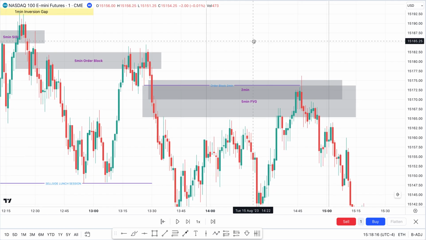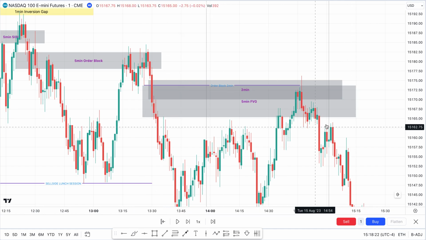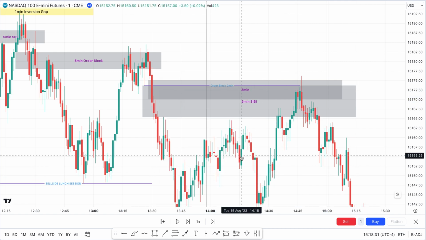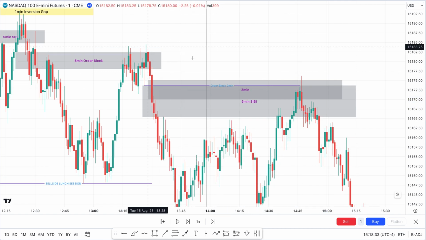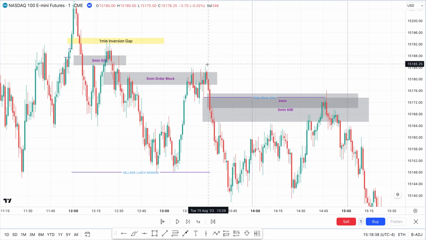Now we're going to be looking at entries. We want to enter off this 5 minute fair value gap, this SIBI. It's a 5 minute SIBI. And our stops, a reasonable place would be up here in terms of entries.